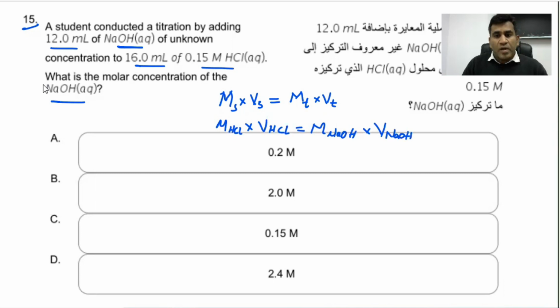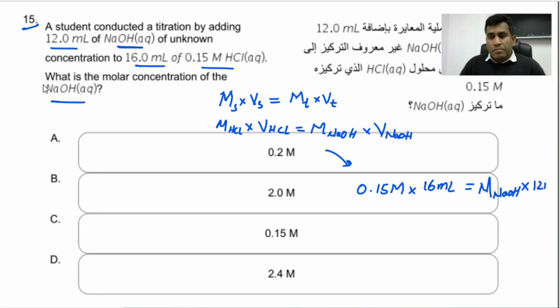Substitute the values; we have all of them. The molarity of HCl is 0.15 molar, times the volume of HCl, 16 milliliters, equals the molarity of NaOH, which we are finding, times its volume, 12 milliliters.